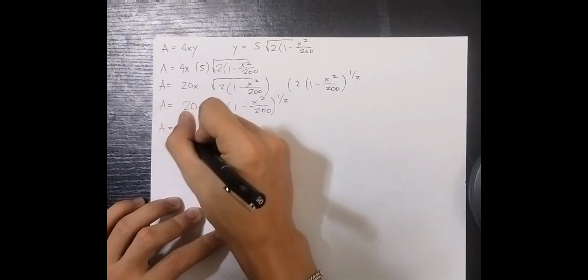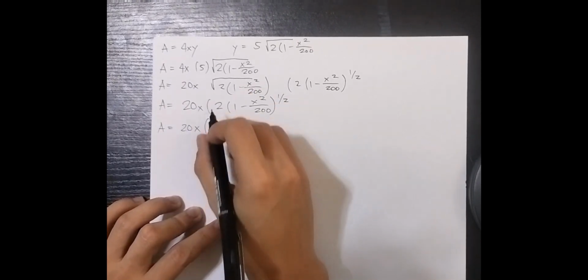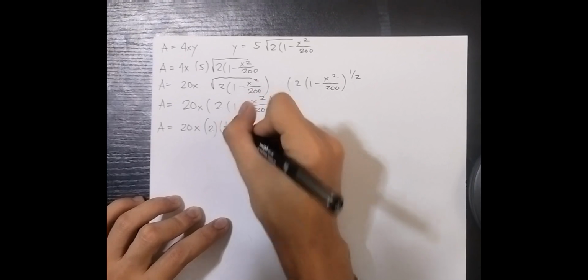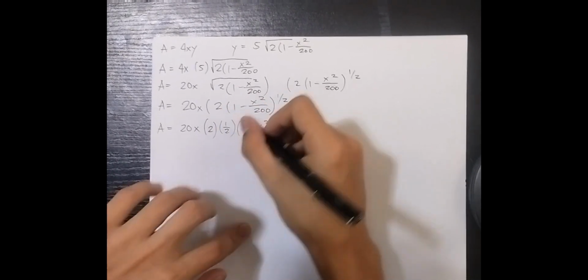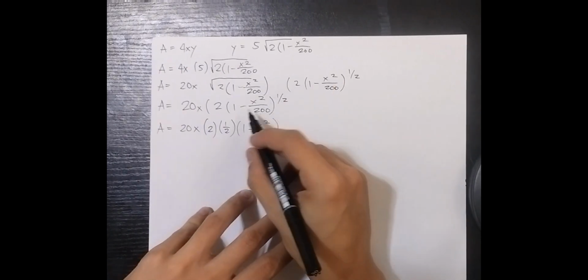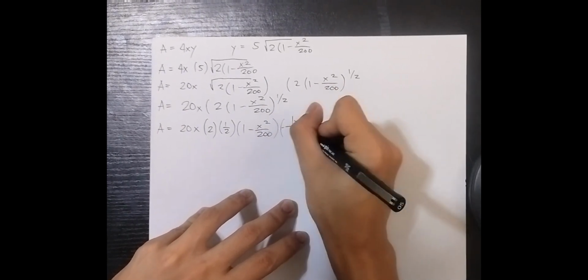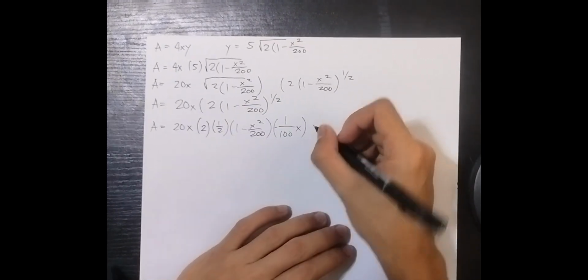So A is equal to copy 20x, differentiate 2 multiply by 1 minus x squared over 200. So it will just become copy 2, bring down 1 half, copy 1 minus x squared over 200, differentiate it. So it is just negative 1 over 100x. Copy that.